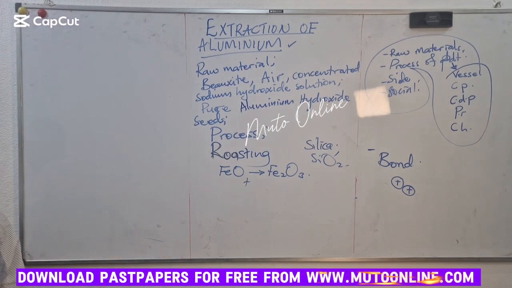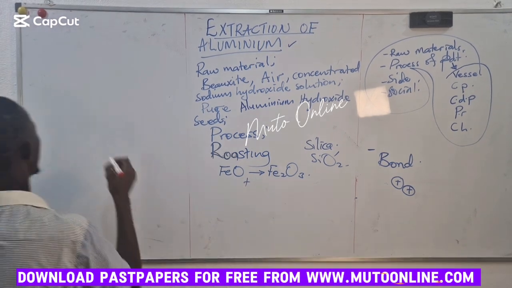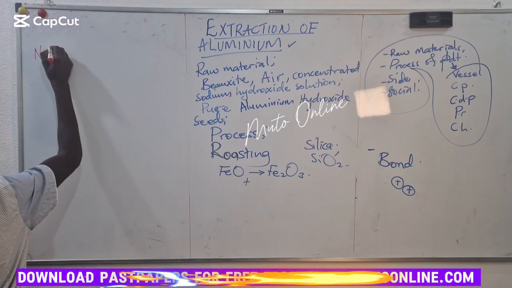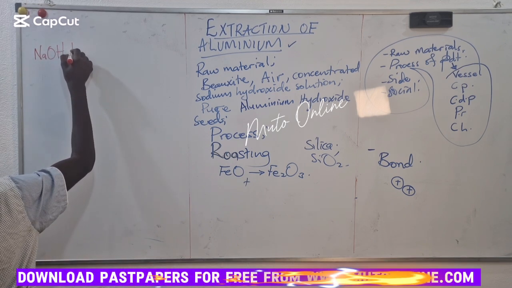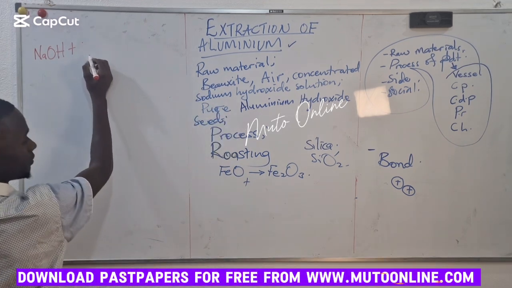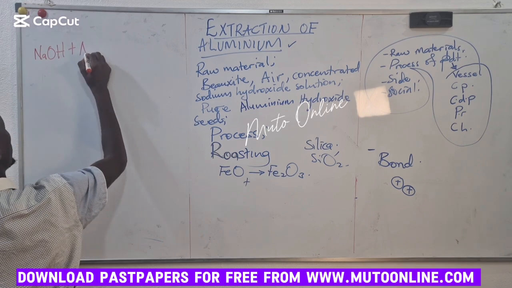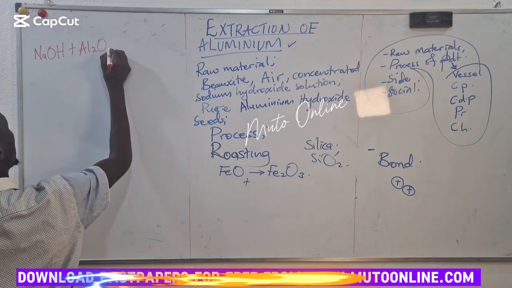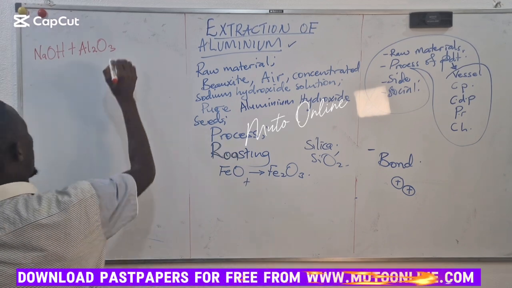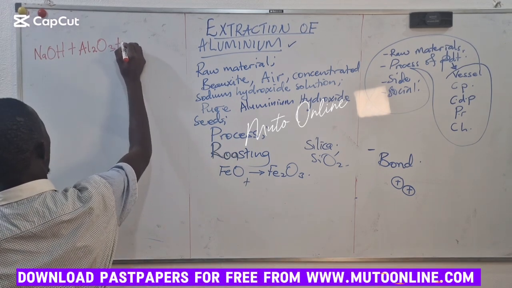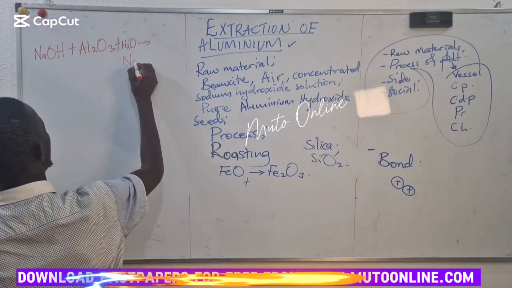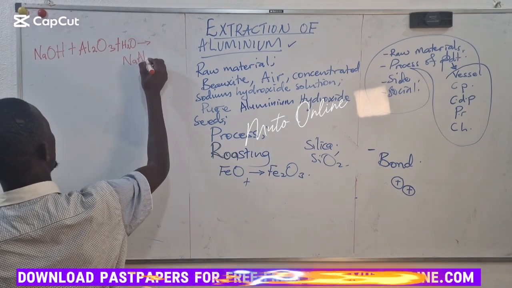Heating the ore in concentrated sodium hydroxide solution is intended at dissolving the aluminium oxide. We are looking at the components of the ore now. The sodium hydroxide will dissolve the aluminium oxide, and this occurs in presence of water to form what we call sodium aluminate.